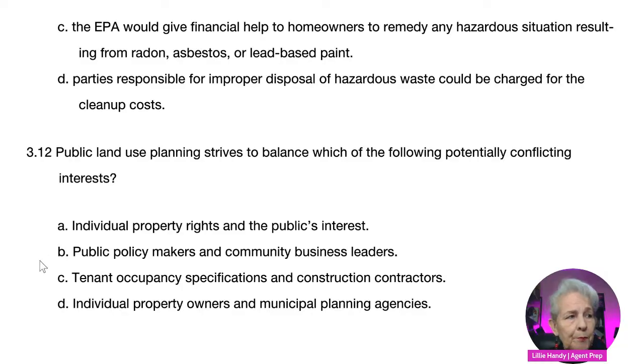B, public policy makers and community business leaders. C, tenant occupancy specifications and construction contractors. Or D, individual property owners and municipal planning agencies. So public land use planning strives to balance which of the following potentially conflicting interests?